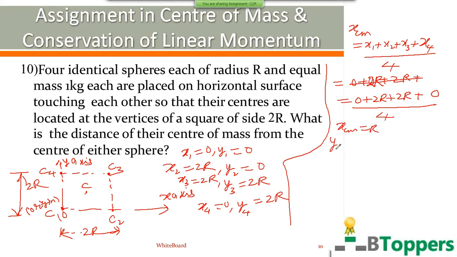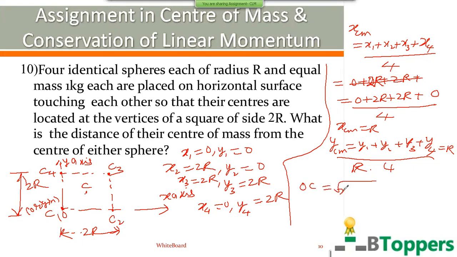Similarly, you get the y coordinate of the center of mass equal to y1 plus y2 plus y3 plus y4, divided by 4. That also comes out to be the same. So the distance of the center of mass from the origin will be the root of xcm square plus ycm square. You can arrive at the same answer.